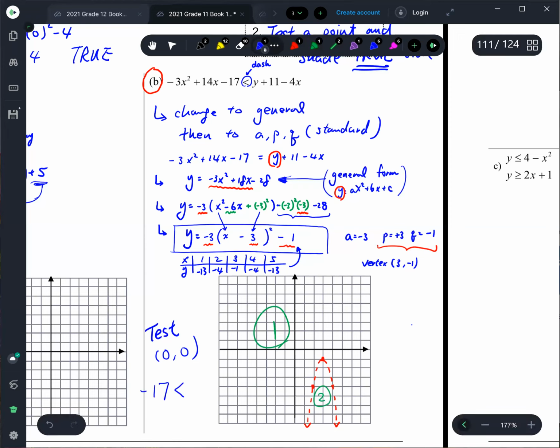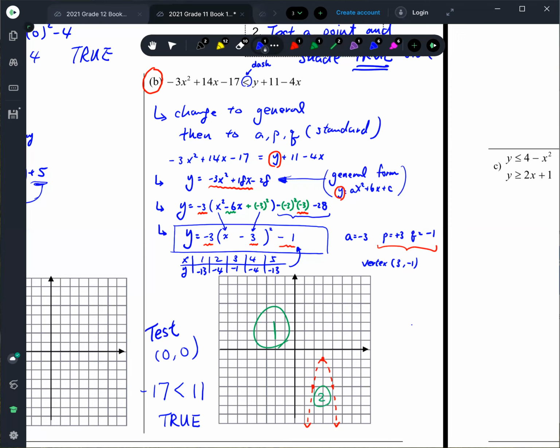And then the right side would be just 0 plus 11 minus 4 times 0, and you end up with 11. So Mackenzie, is that true or false? True. Very good. Negative 17 is smaller than 11, right?